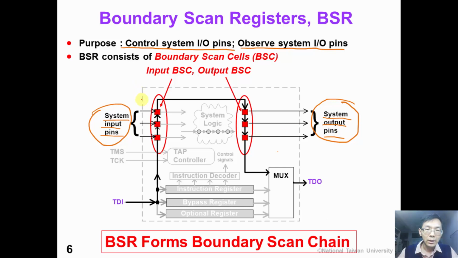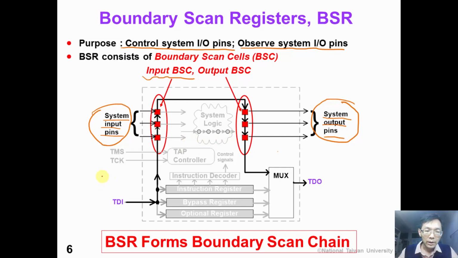In JTAG, we stitch the system input pins and the system output pins into the boundary scan register, and the boundary scan register consists of input boundary scan cells on our left hand side and output boundary scan cells on our right hand side.